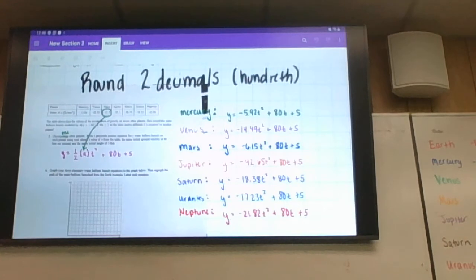Negative 73.07. Like the answer? Negative 73.